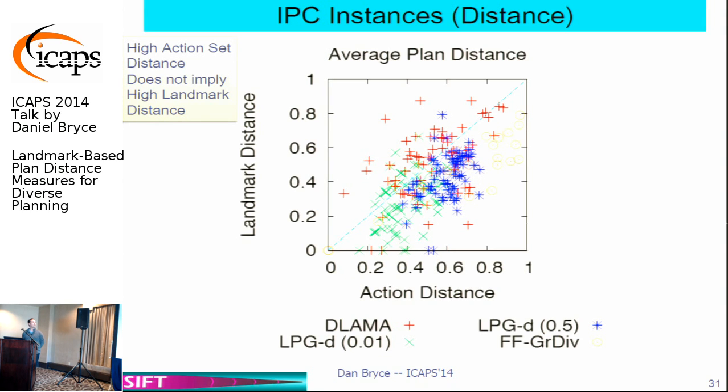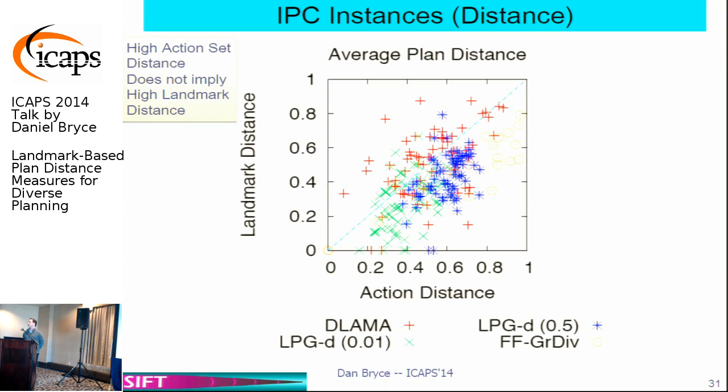What I took away from this is that optimizing action distance isn't going to get you landmark distance, whereas optimizing landmark distance, you at least have your landmark distance, and as a benefit, you might also get action distance. That was a fairly weak claim, I think.